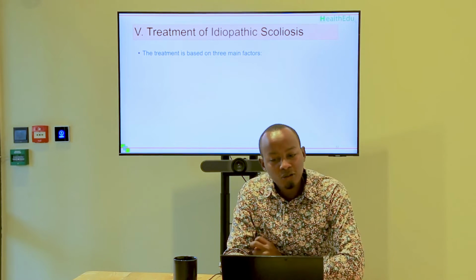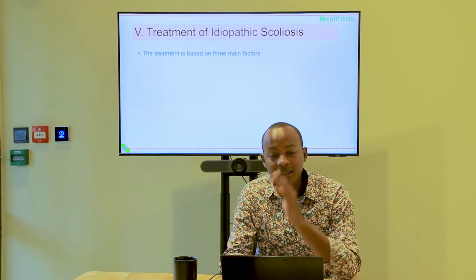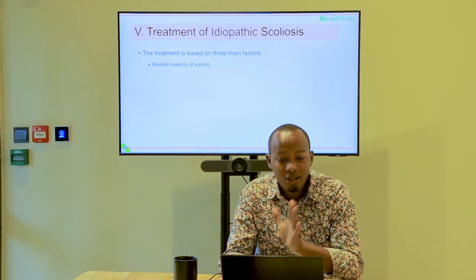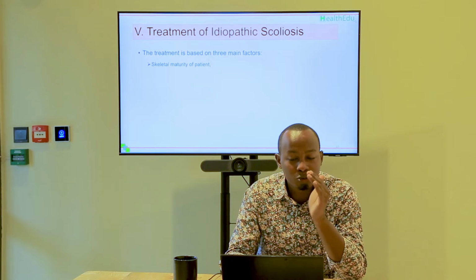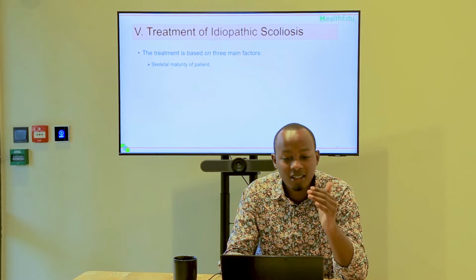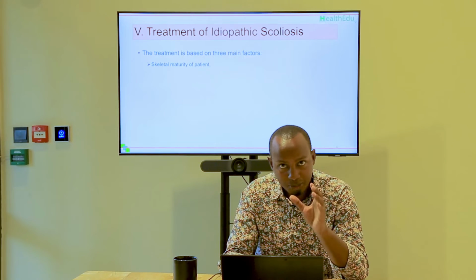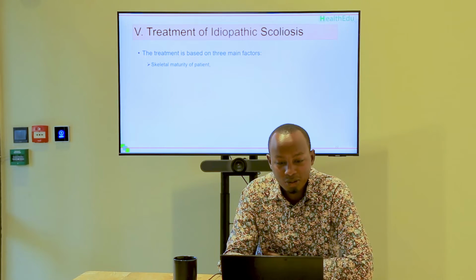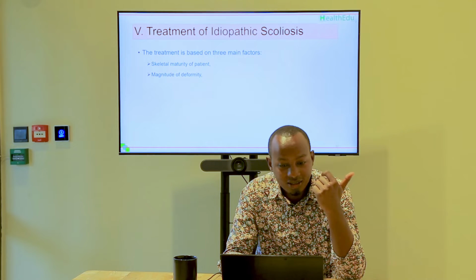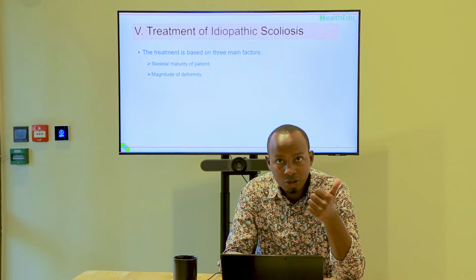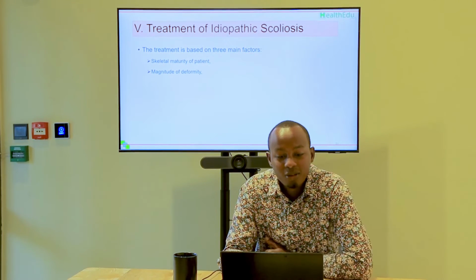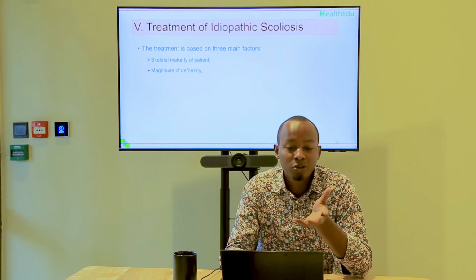In the treatment of idiopathic scoliosis, there is conservative treatment and non-conservative treatment, but before we look at them, there are some baseline factors that we have to base on. As I said, the skeletal maturity: whether the patient is already mature or not, or still young, 8, 9, 10 years old. The magnitude of deformity, for which we use the curve angle.